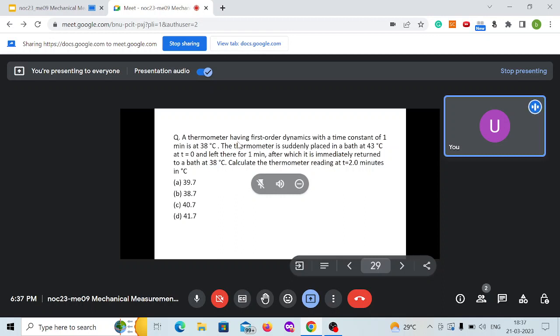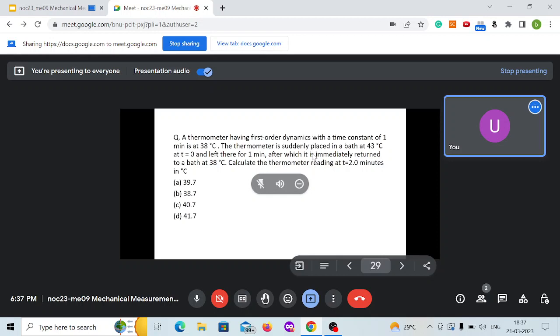The process is in two steps. You take a thermometer which is at 30 degrees Celsius, dip it in a temperature bath at 43 degrees Celsius, leave it there for 1 minute, then remove the thermometer and leave it at the room temperature of 38 degrees Celsius, and then at time t equals 0, what will be the temperature reading?